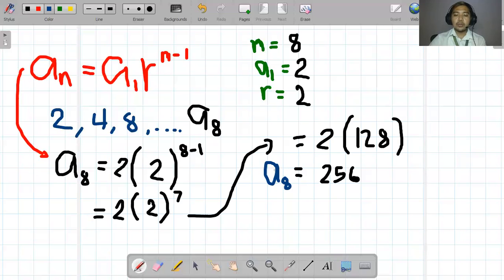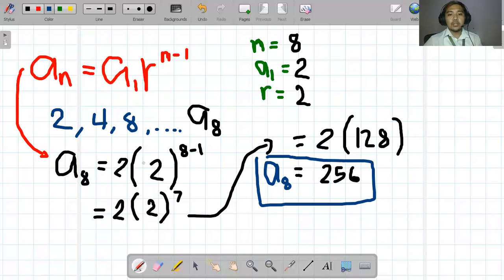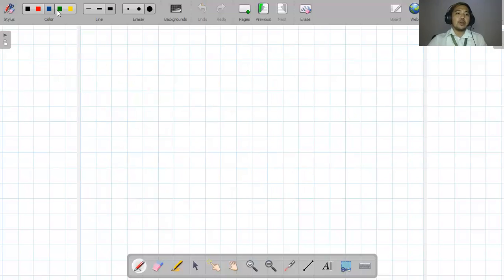So kung imong padayunon ang imong sequence nga 2, 4, 8, and so on, ang ikawalo is 256. Okay? Another example. In this one, what if you are already given a sub 1? So we say a sub 1 is equal to 1.